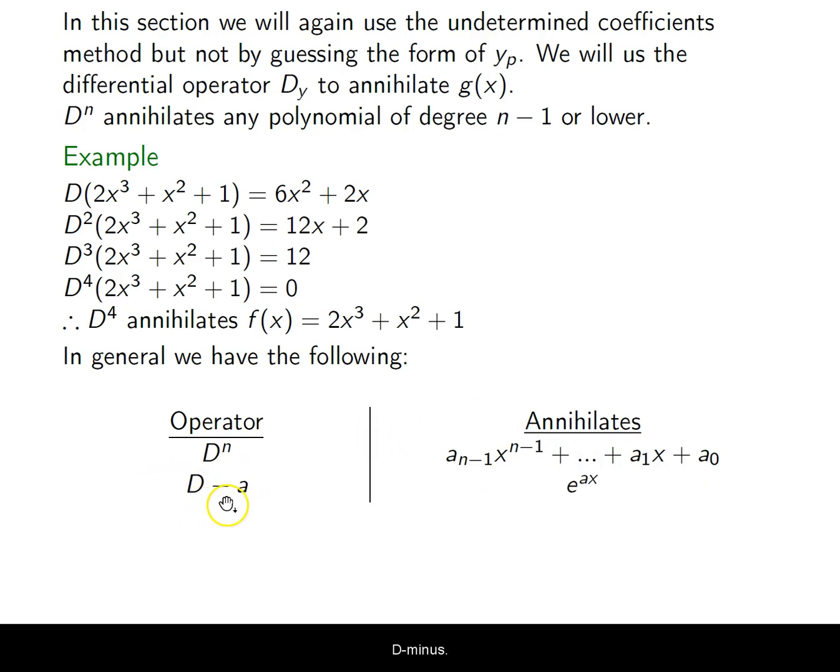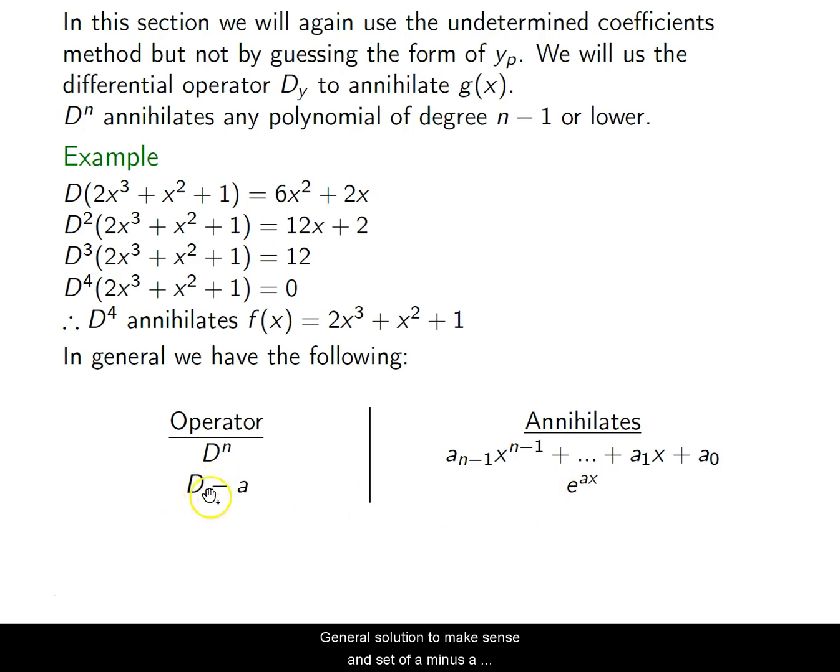D minus a annihilates e to the ax. Just think about section 4.3 where we were making those auxiliary equations. Instead of substituting y prime as m, we substitute y prime as D. When I had the m minus a, that solution looked like this as a function in the general solution.